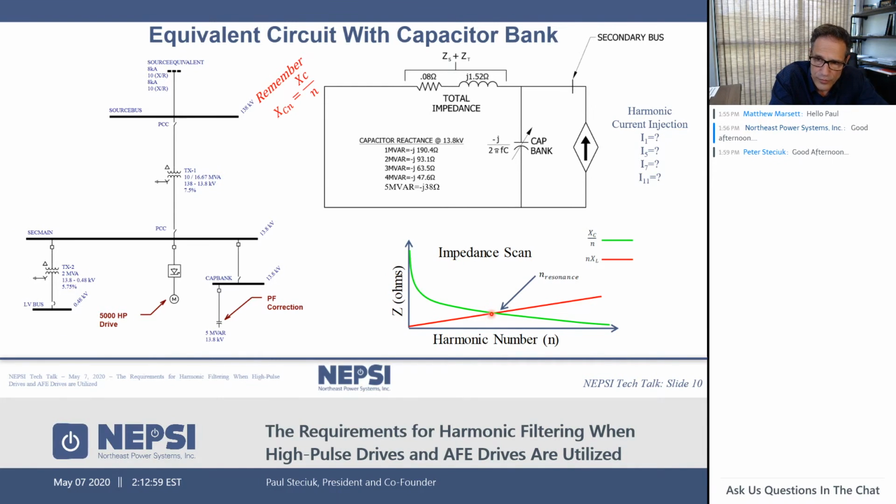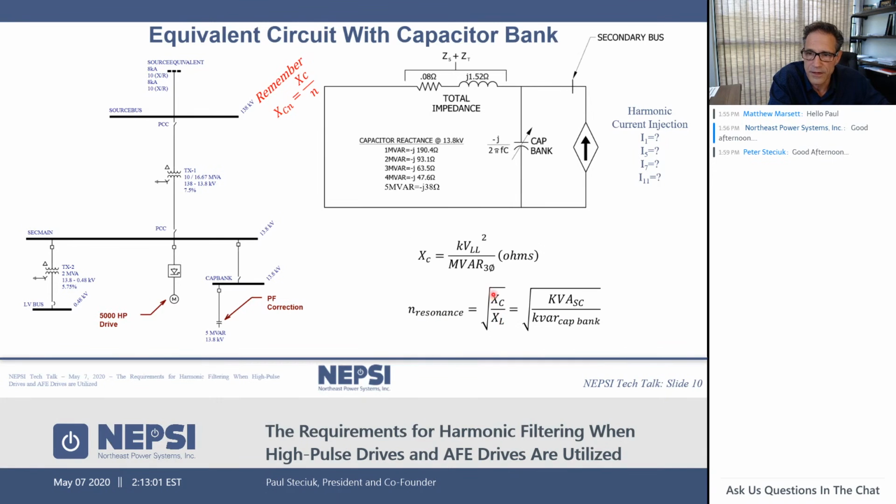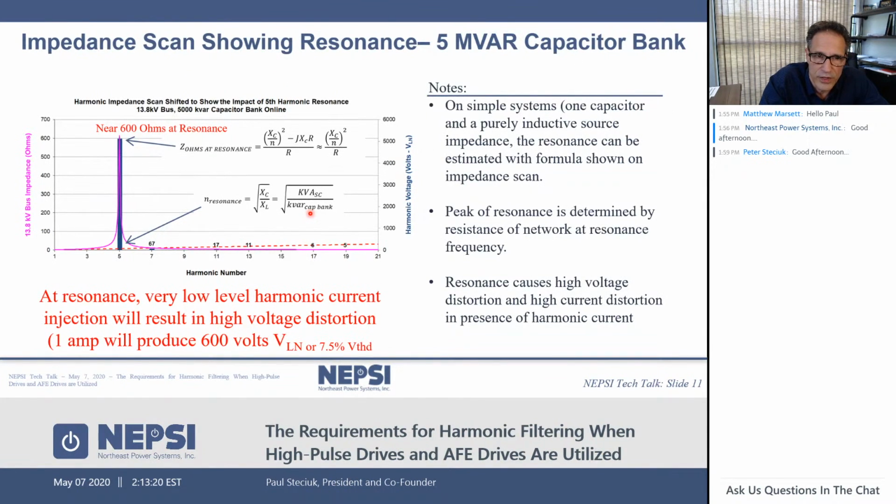There's a crossover point, and that's called resonance, and that's easily calculated utilizing these equations here. So we have X of C, the capacitive reactance, is equal to the line-to-line voltage squared divided by the megavars of the capacitor bank. And we have a situation here where with 5 megavars on in this system, we have a resonance right at the 5th.